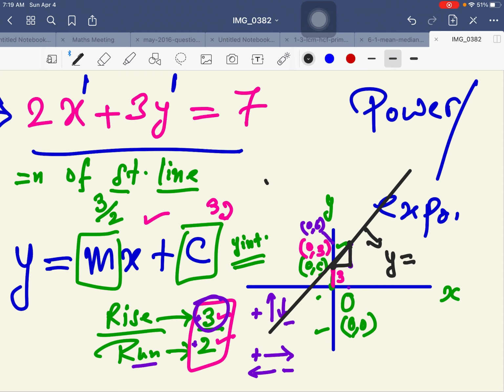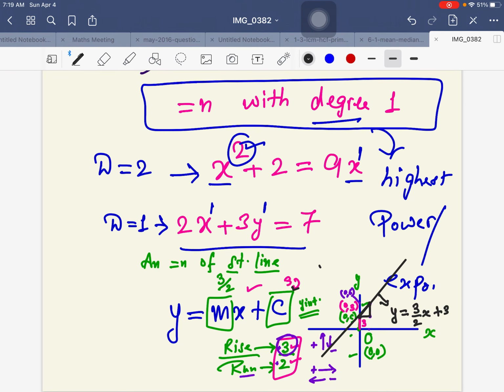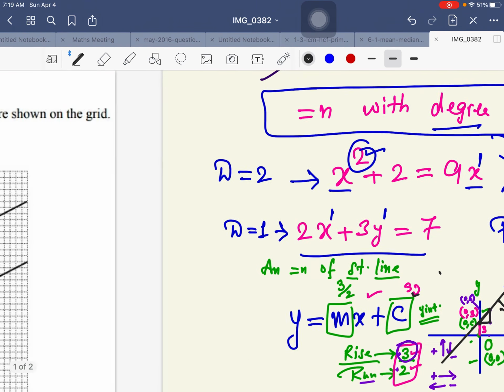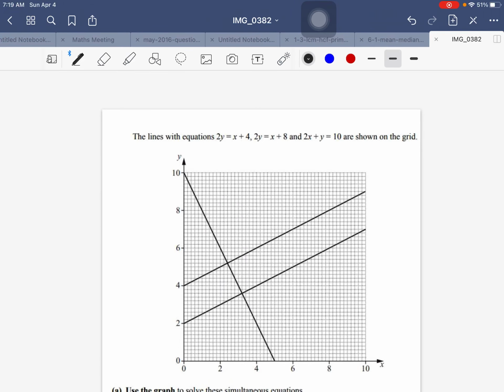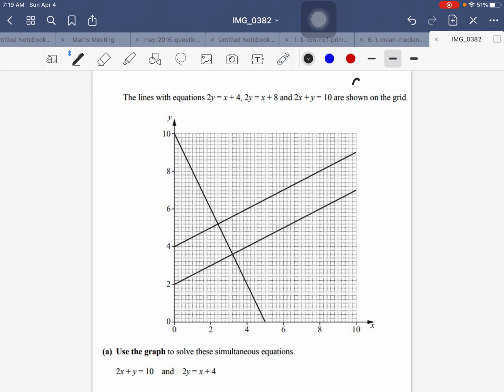I took m as 3 by 2, and c I took as 3. So that's all about the theory. If you understand this basic thing, we can do one question from the checkpoint worksheet.